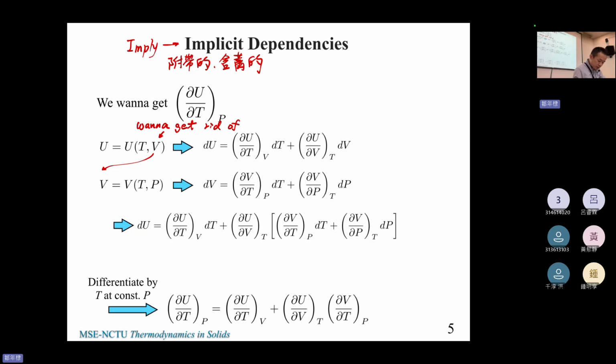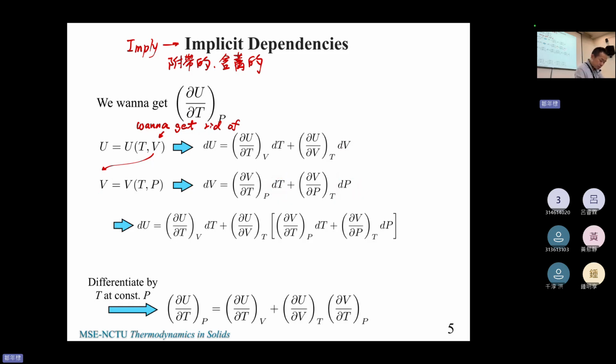Okay, so you see, if we have this function, we can write down the change of U has two contributions from dT and dV, and the change of V is a function of T and P, right? So the change of V has two contributions, dT and dP.